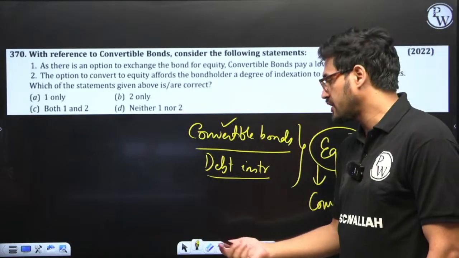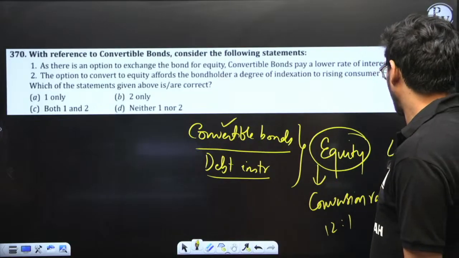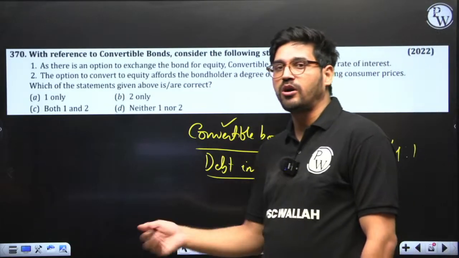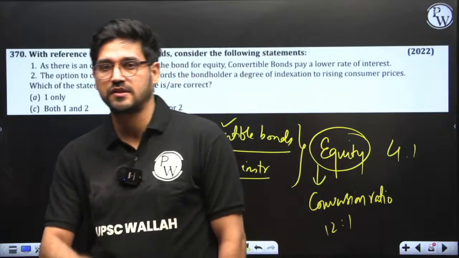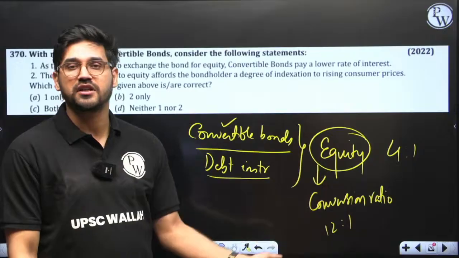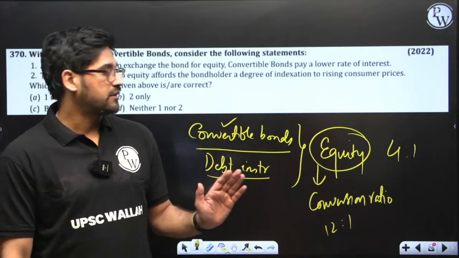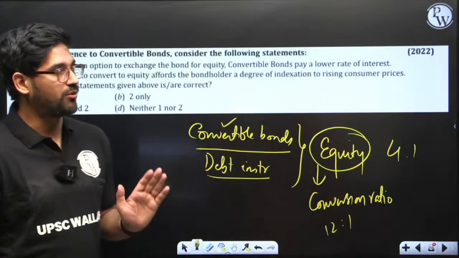This conversion ratio could be 12:1, right? This conversion ratio could be 4:1. That means one bond could be converted into 4 shares. One bond can be converted into 12 shares. This conversion ratio is pre-decided at the time of the contract itself, right? This is what is called a convertible bond.